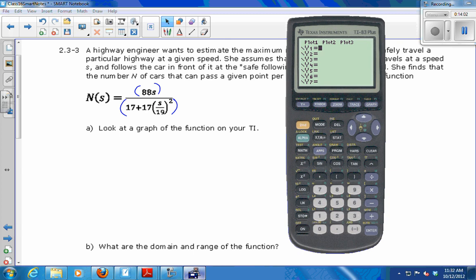We automatically treat it like it has parentheses, but your calculator doesn't know that. So I'm going to put parentheses 88, and I don't have an S button, so I'm going to use X, right? My variable will be X. Divided by 17 plus 17 times X over 19 squared, close parentheses. Okay, so your function needs to look just like that.